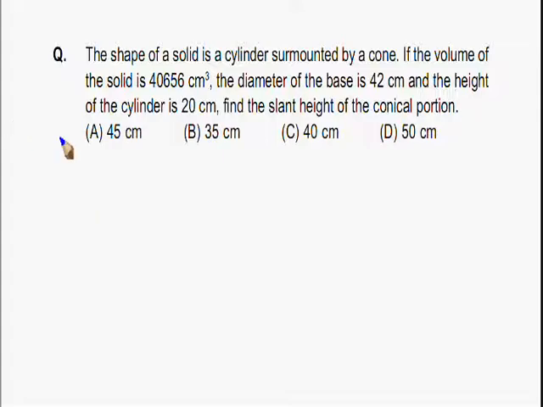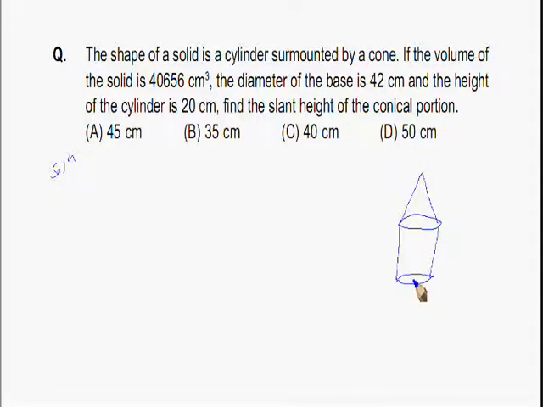So as in the question, we have given a solid in which there is a cylindrical portion surmounted by a cone, and the diameter of the base is 42 centimeter.